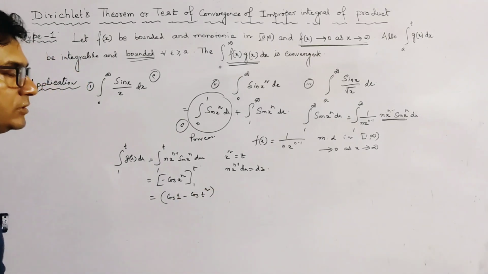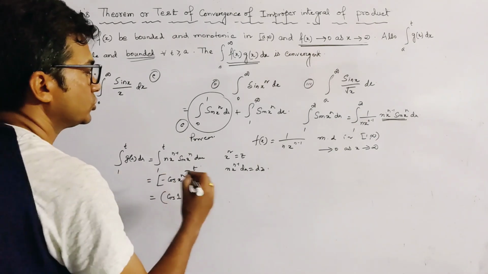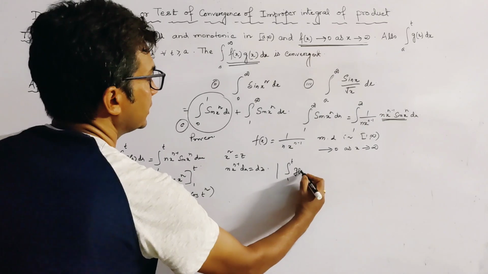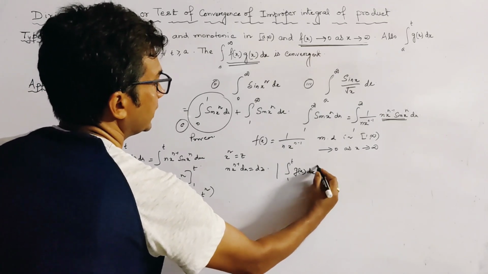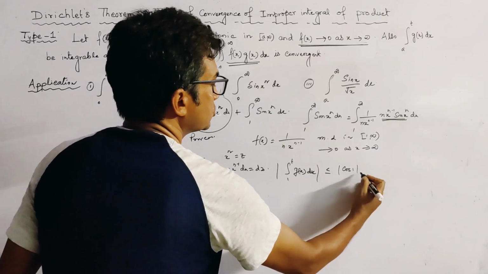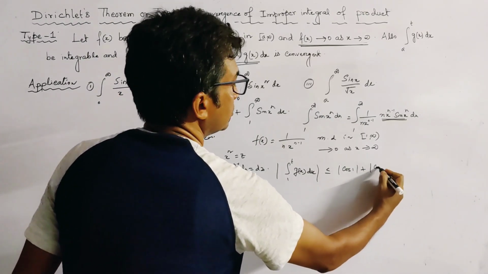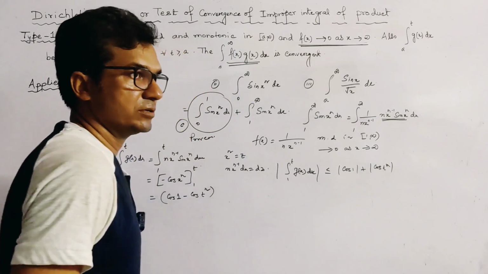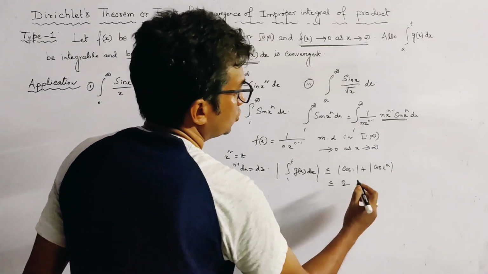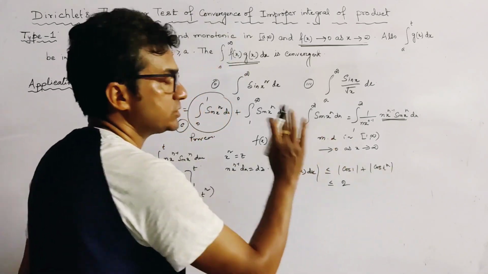Now taking mod on both sides, we get integration 1 to t g(x) dx is less equal to mod cos 1 plus mod cos t to the power n, right? And this is less equal to 2, obviously. This is 1 plus 1, this is 2.